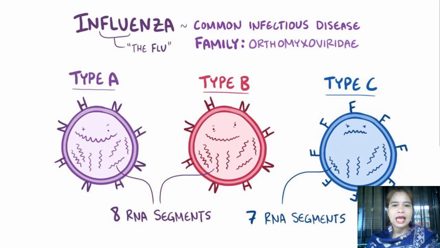Influenza virus A can be subdivided into different serotypes based on the antibody response to the viruses. H1N1 caused the Spanish flu in 1918 and swine flu in 2009. We have H2N2, which caused Asian flu in 1957, and H3N2, which caused the Hong Kong flu in 1968.